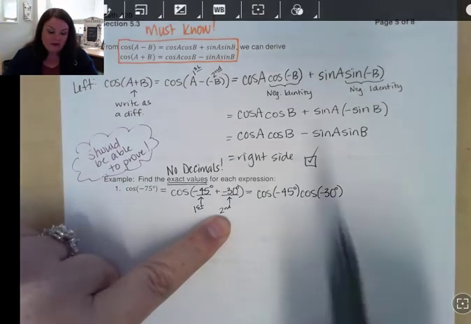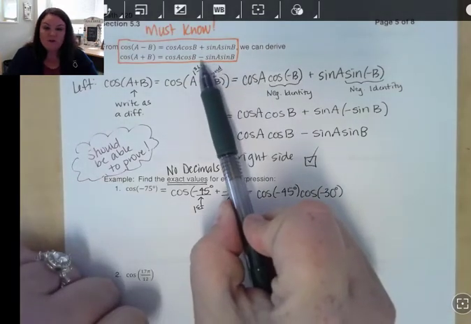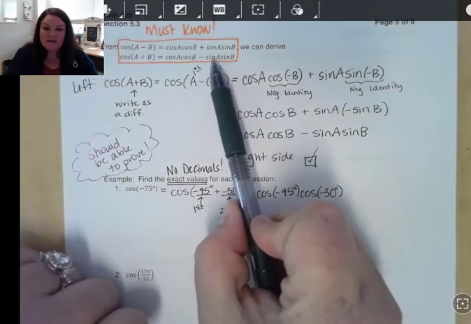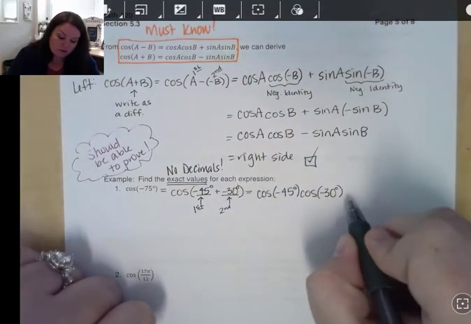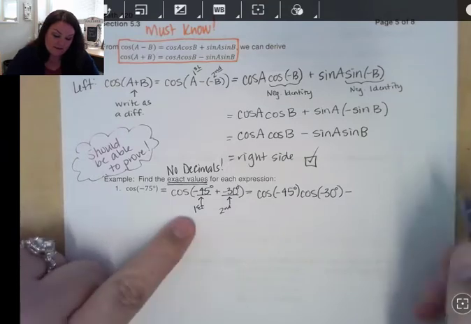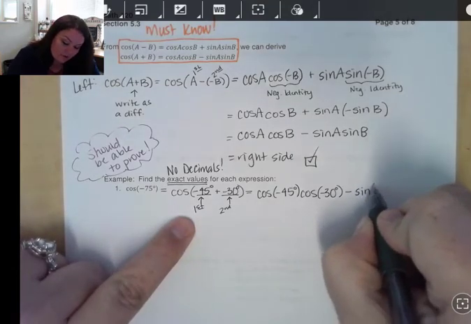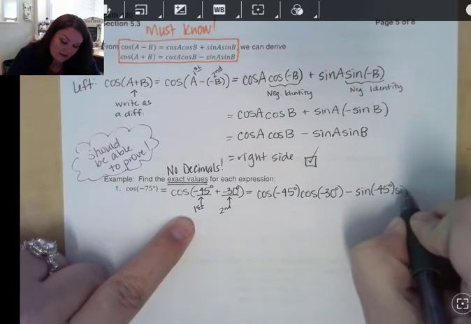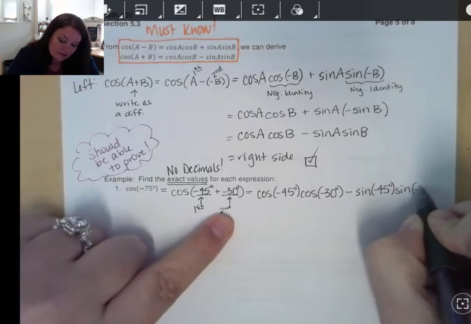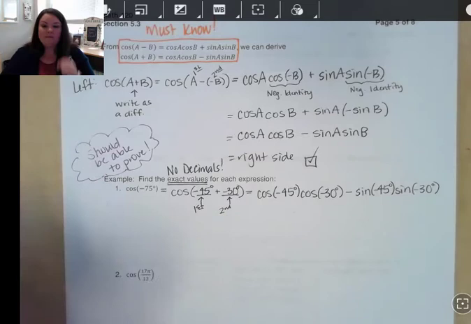Okay. Then our second term says we're going to subtract sine of the first angle times sine of the second angle. So we're going to subtract sine of our first angle, which is negative 45 degrees, and sine of our second angle, which is negative 30 degrees.